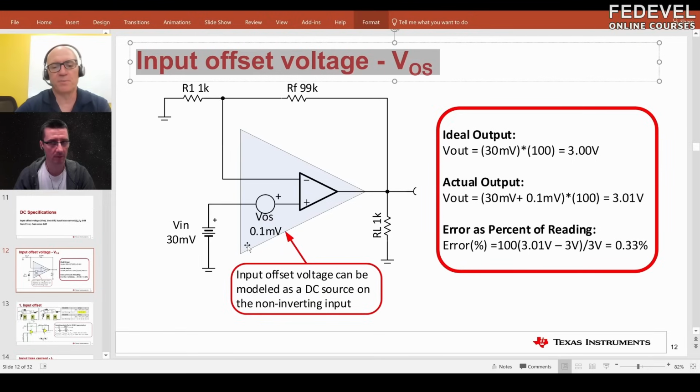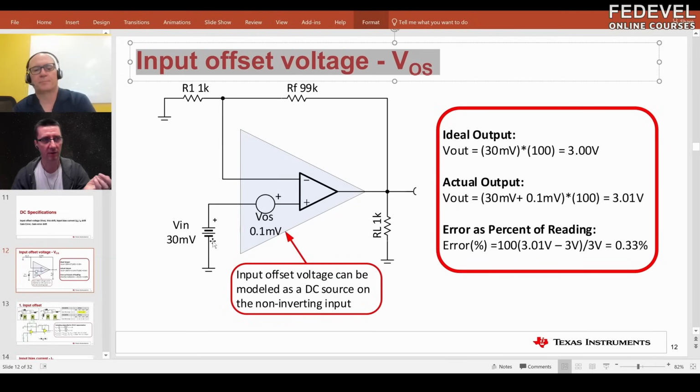Offsets can range from 5 microvolts to tens of millivolts. So this is actually a pretty good offset. It's not a bad one, but it still introduced some error. And of course, the impact of this offset is much greater in high gain circuits, where the input signal is very small.